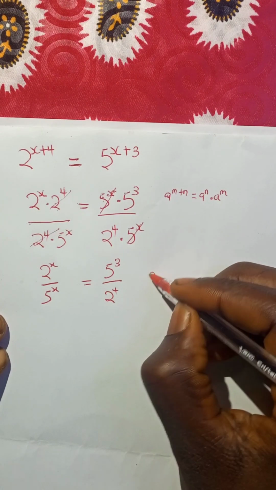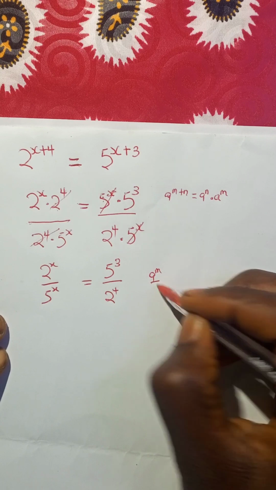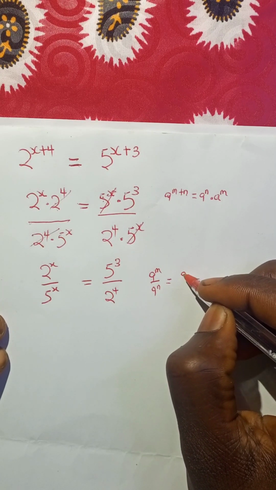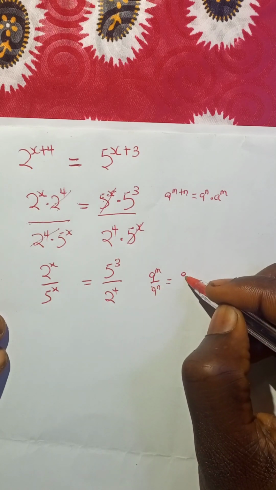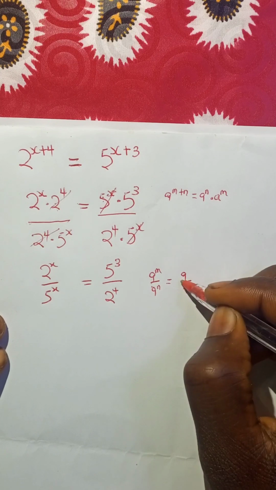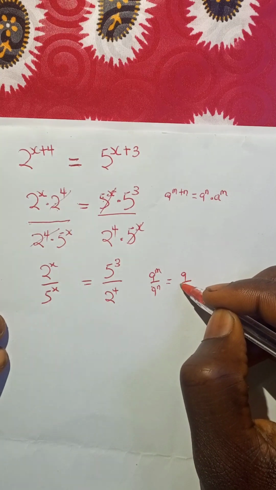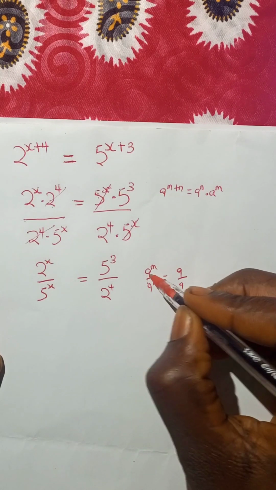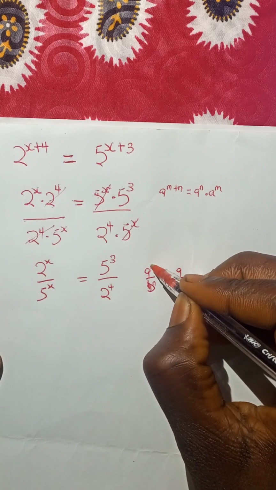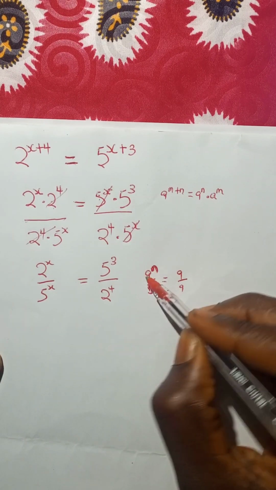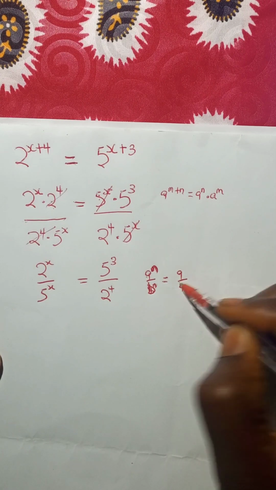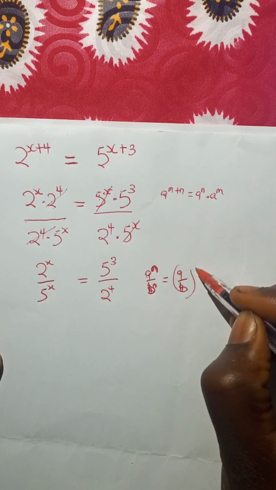So here we know that a^n over b^n is the same as (a over b) exponent n.